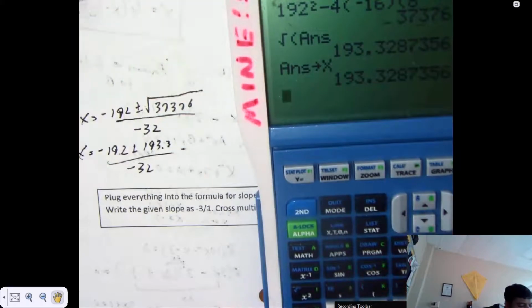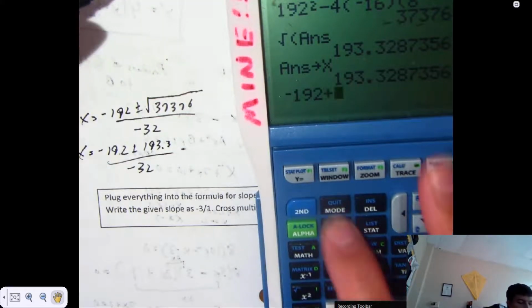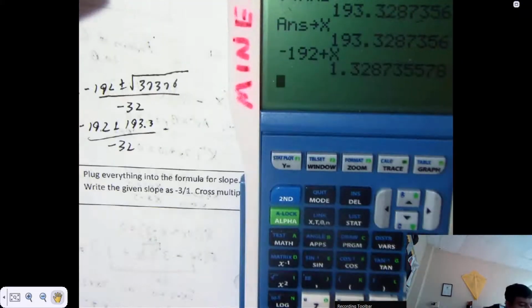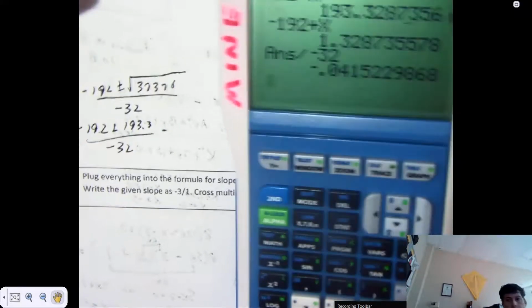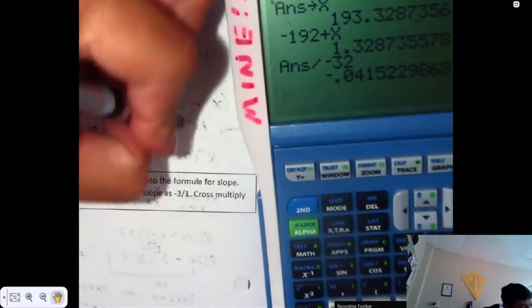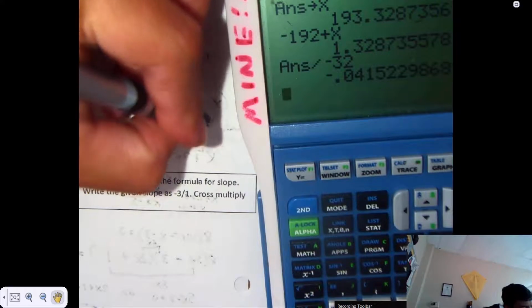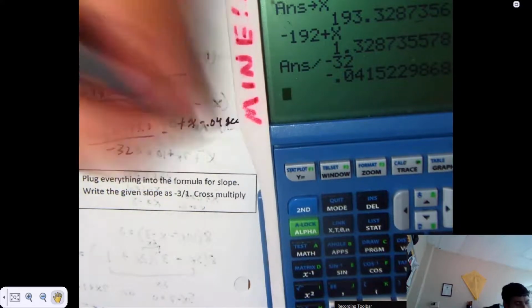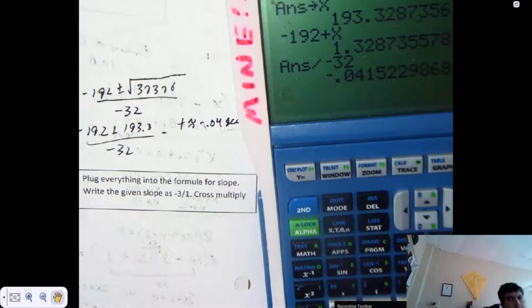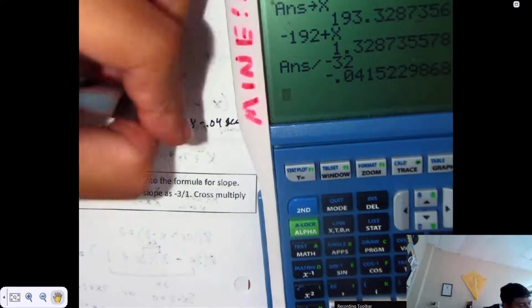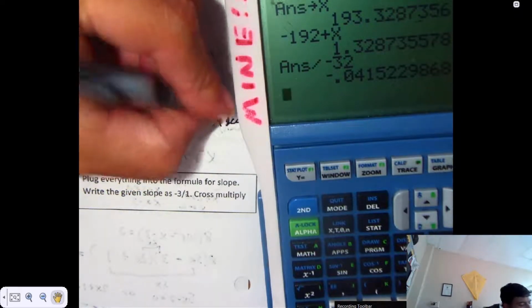See, this says take negative 192 and add to it that 193, and then divide by negative 32, which is a time of about negative 0.04 seconds, which doesn't make a bit of sense. There's a reason for that answer, but it's nonsense. No such thing as negative time.